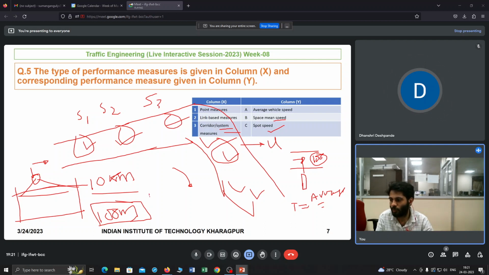Then you calculate the harmonic mean, which is called the space mean speed. Even that is challenging for this kind of corridor level measure, right?